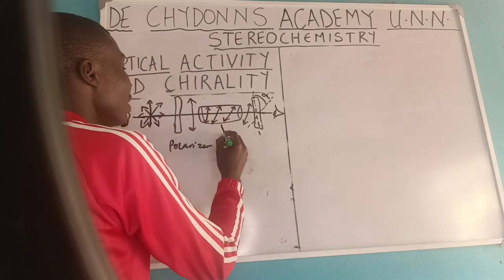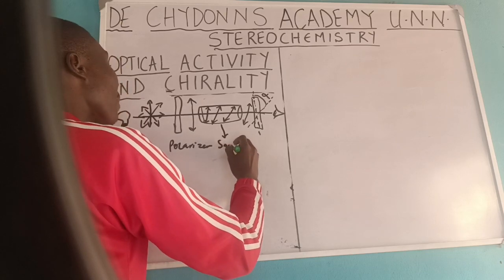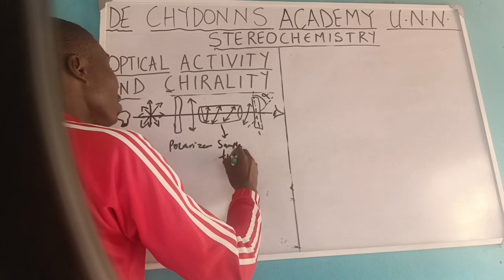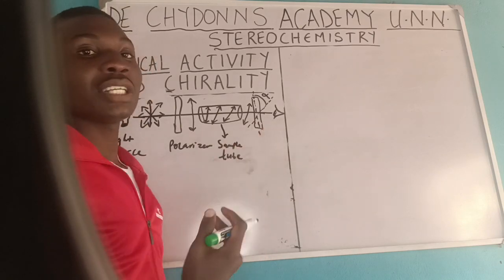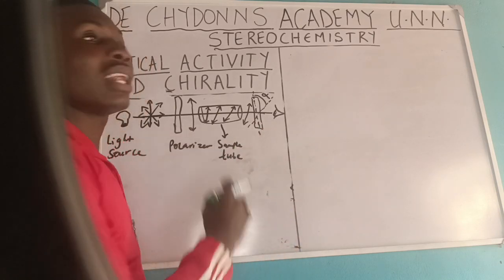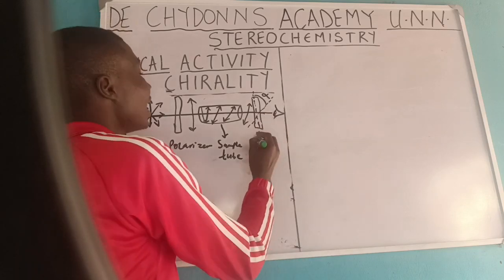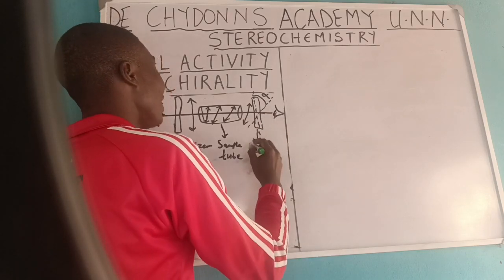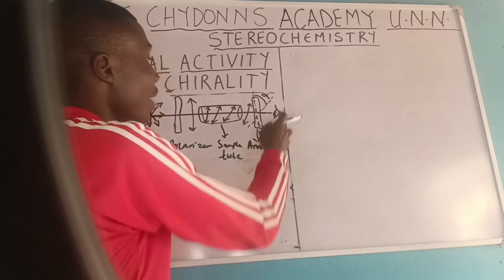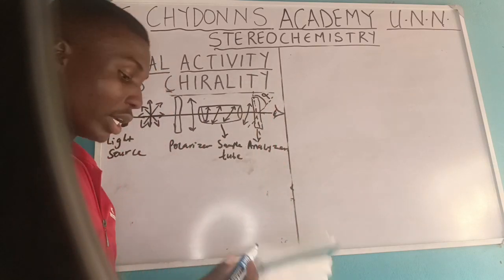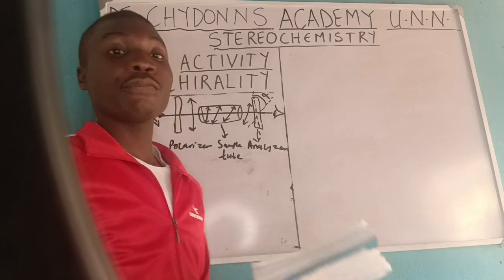The one we are working with here is referred to as the sample tube. The sample tube is where you put the sample that you want to understand the degree of rotation observed when polarized light passes through it. Then the second polarizer is referred to as the analyzer. And then we have the human eye viewing it to check the angle or degree of rotation.